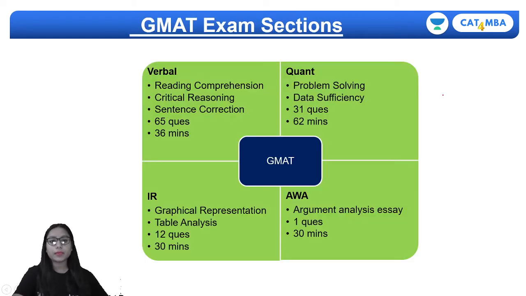Now let us discuss the various exam sections. What are the sections that appear in GMAT? Like in the CAT exam, we have quantitative aptitude, verbal ability, DI and LR. Likewise, here we have two sections from CAT: quantitative aptitude and verbal ability. Apart from that, there are two more sections.